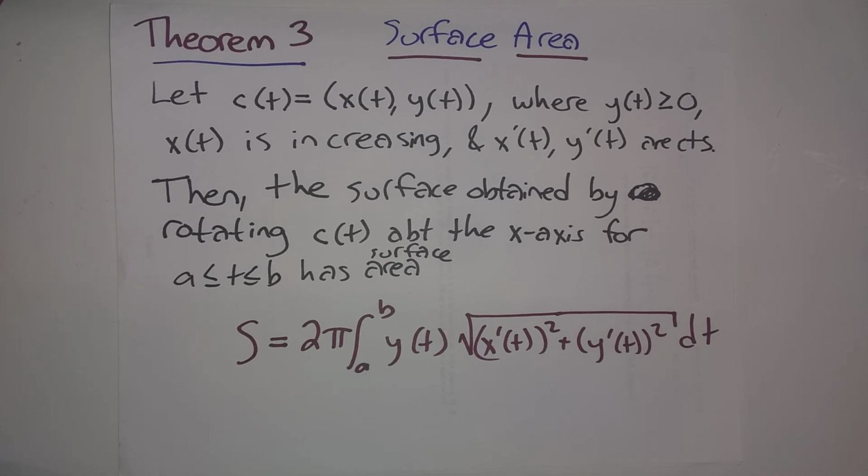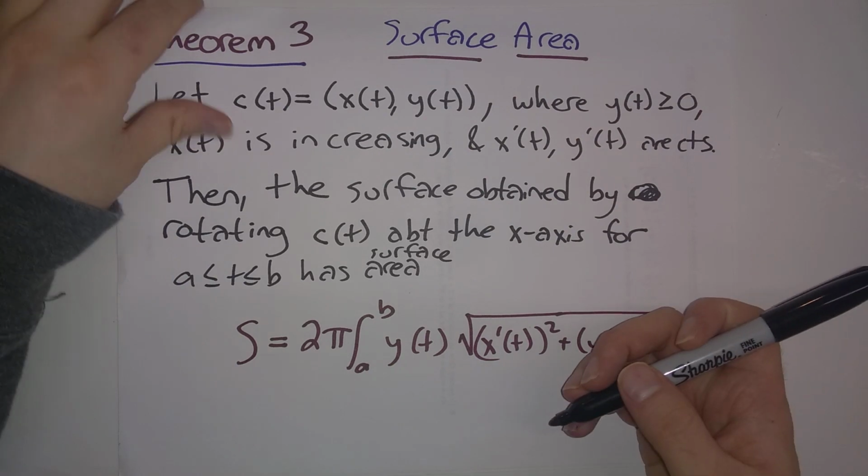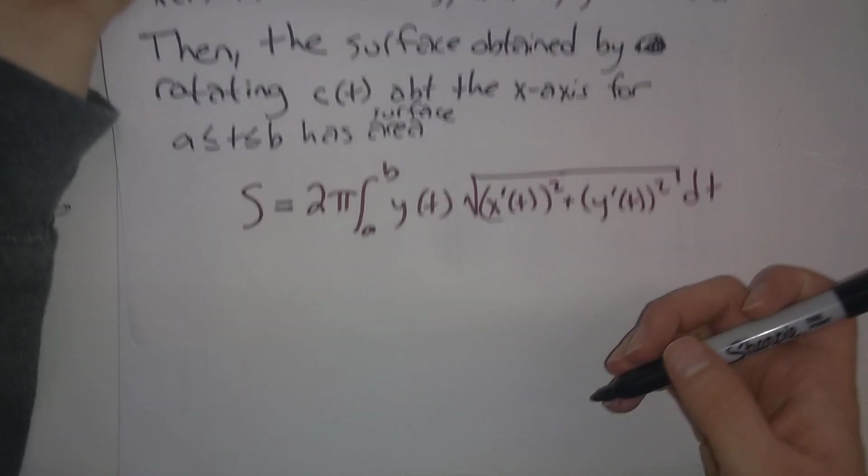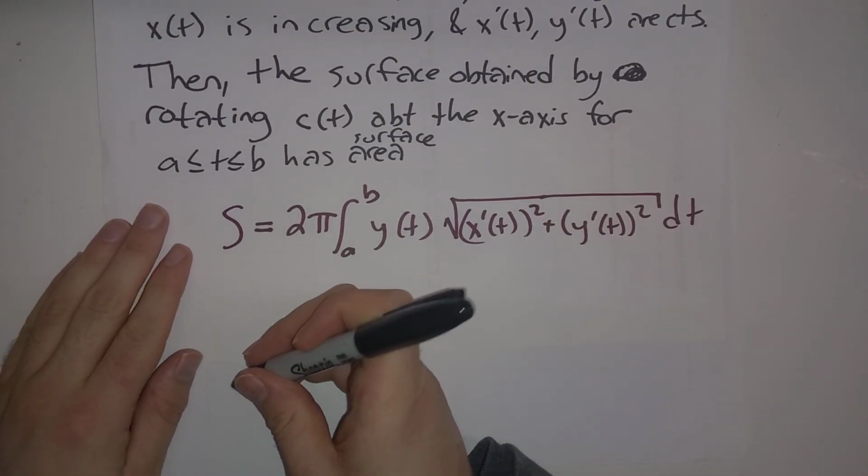I'm not going to formally derive this, but I will say that this should feel very familiar. It's not exactly the same thing as we did back in section 8.2, but there are many of the same features. So back in section 8.2, let me just copy what that formula was.